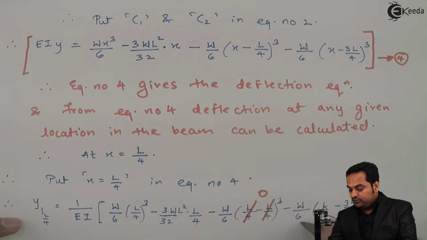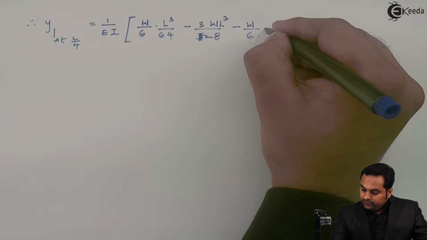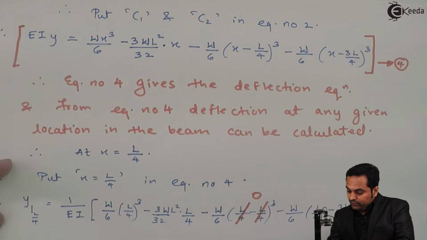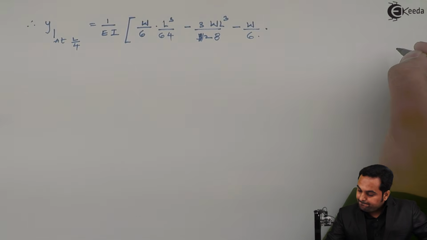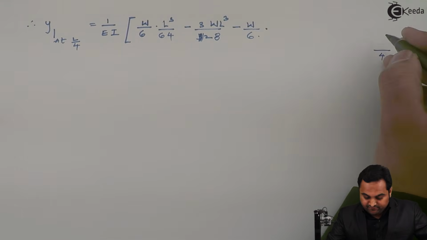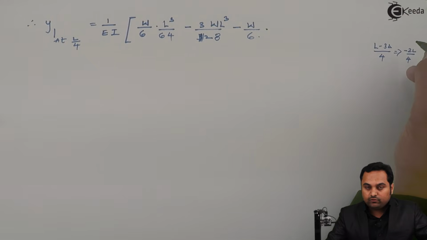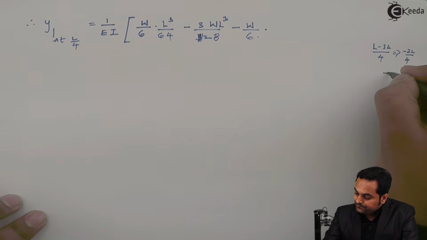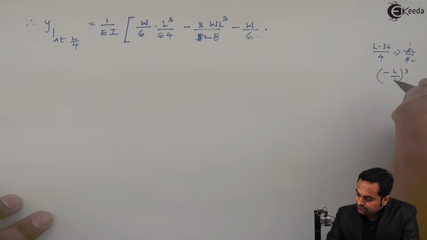So I am writing minus W by 6 and simplifying this term. So here we have this as 4L. If I simplify this, the denominator is 4, so L minus 3L will be minus 2L by 4, so that becomes minus L by 2, and we are having the cube of this term, so that becomes minus L cube upon 8.